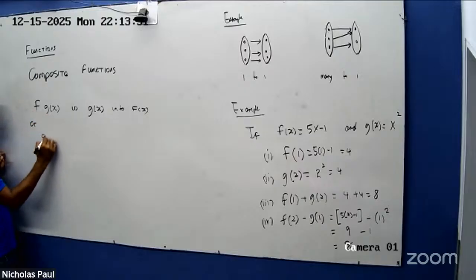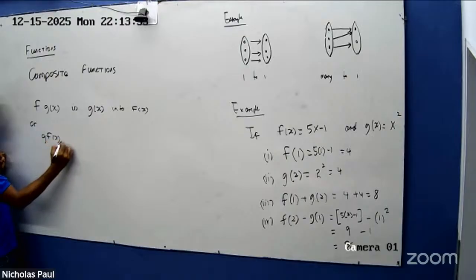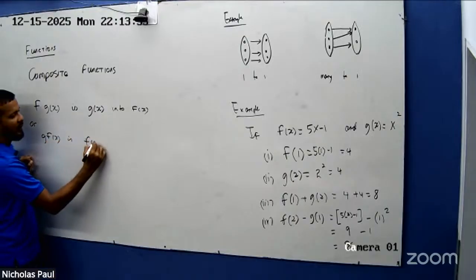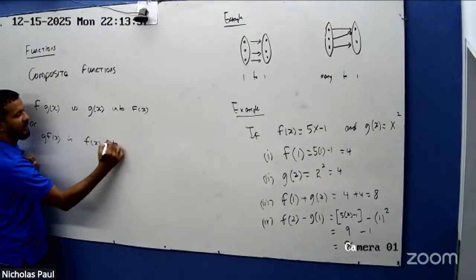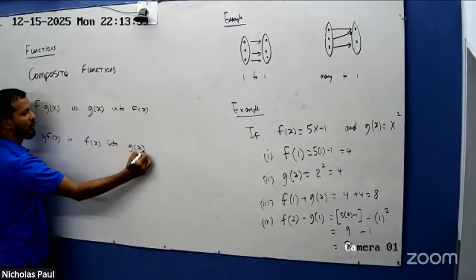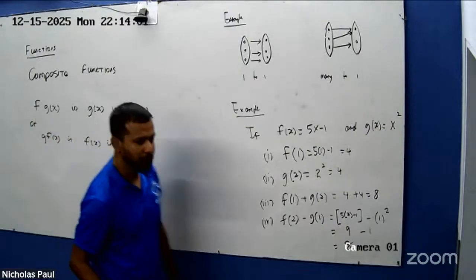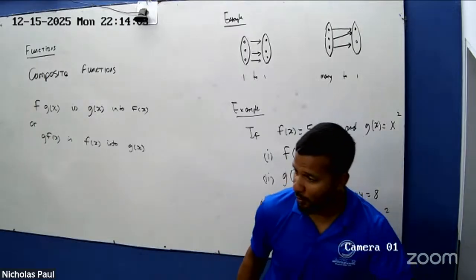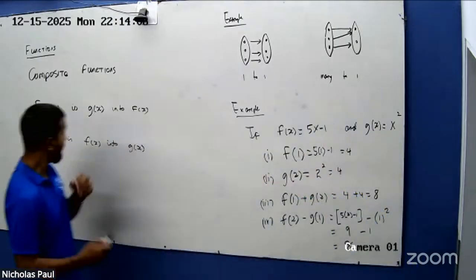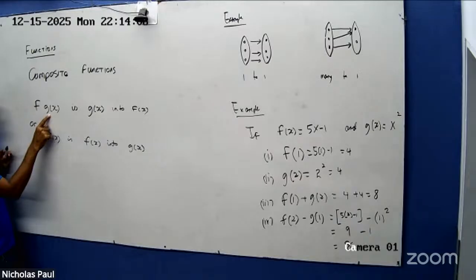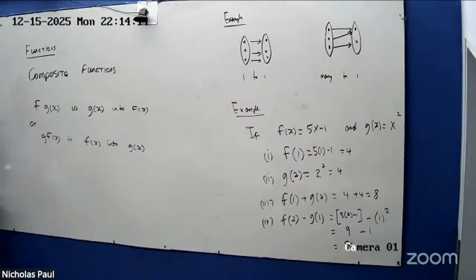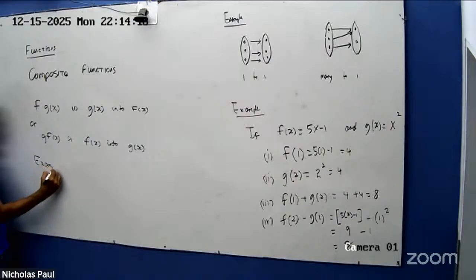Or g of f of x is f of x into g of x. So let's see what all that means, right? So f of g of x means g going into f. g of f means f going into g. All right, so we want to see how we're working with that, right? What does all that mean?